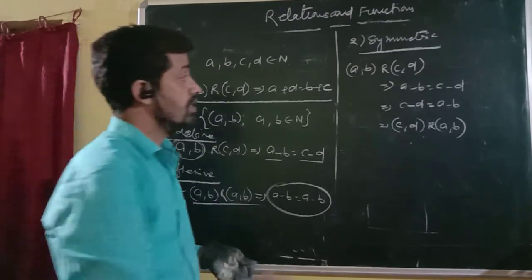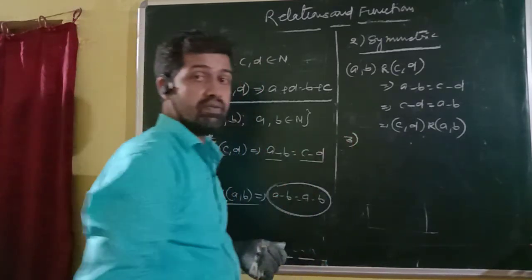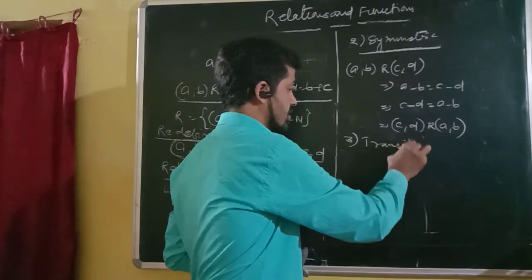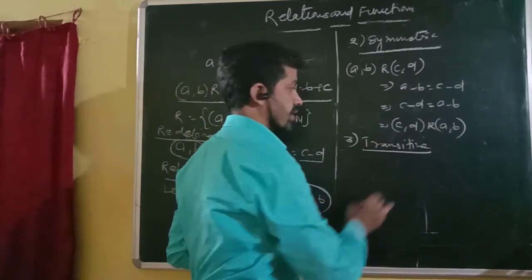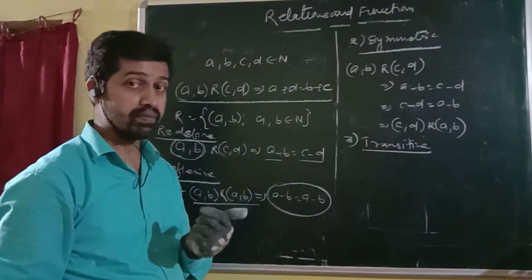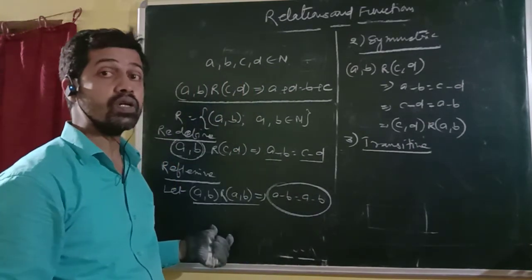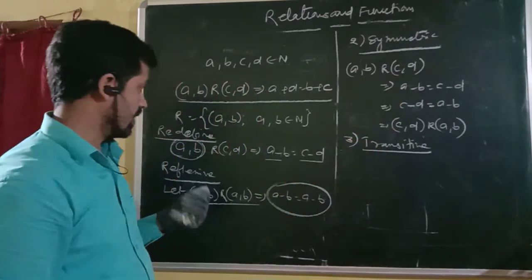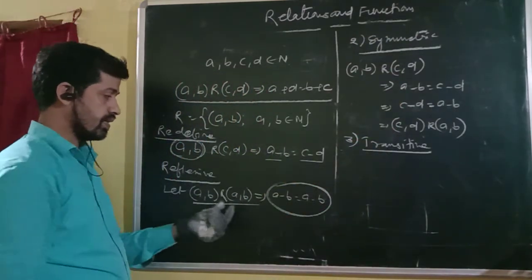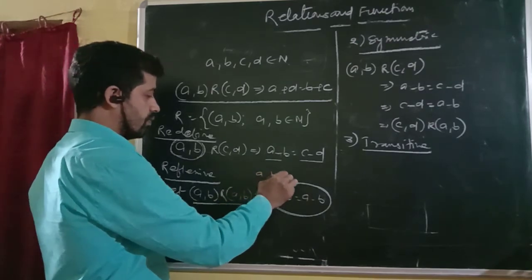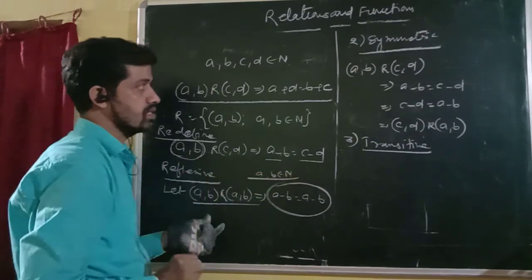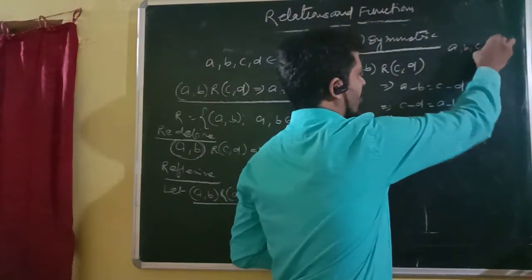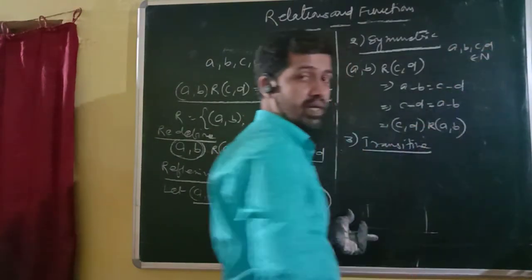Hope it is clear. The third and final one is the transitive relation. In transitive relation, we used to take three elements, but here we will take three ordered pairs. Here A, B, C, D belong to the set of natural numbers.